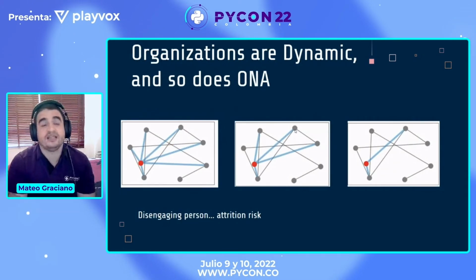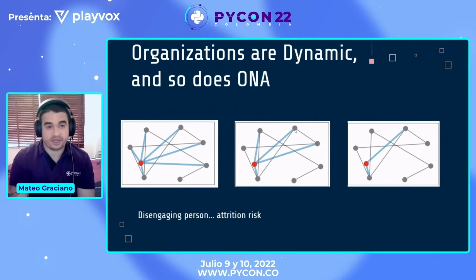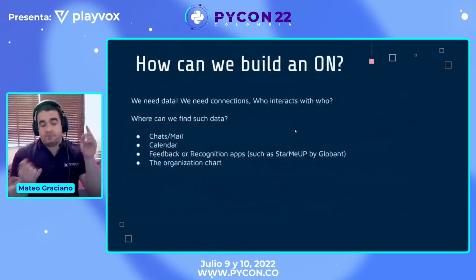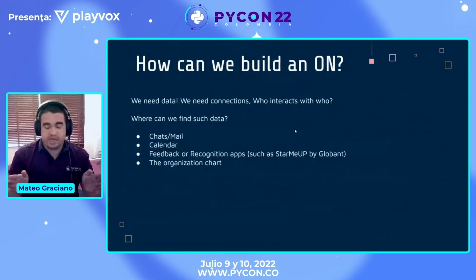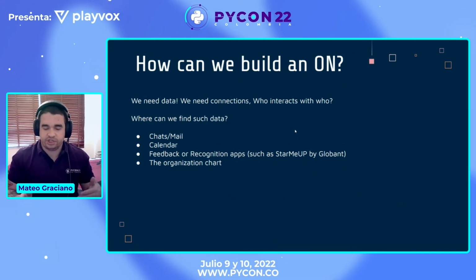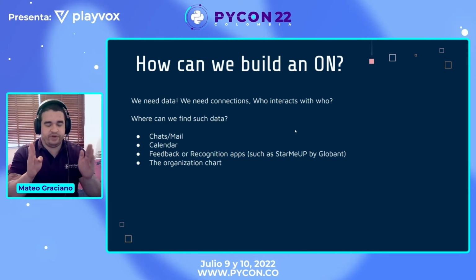The other thing is that organizations are dynamic, and so is ONA. When today we calculate our ONA, we will use some information of chat, mail, calendar, feedback, and recognition, but you are using a time frame.